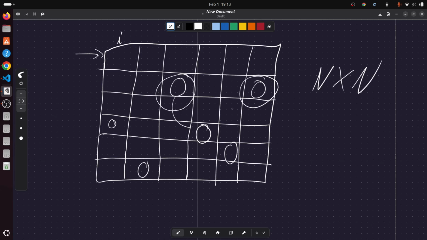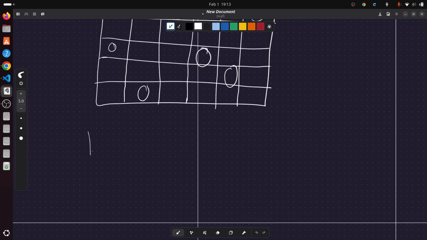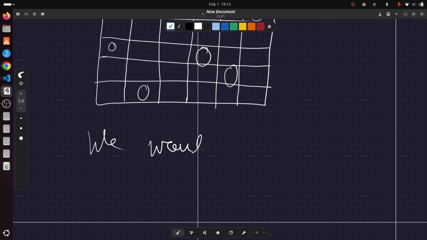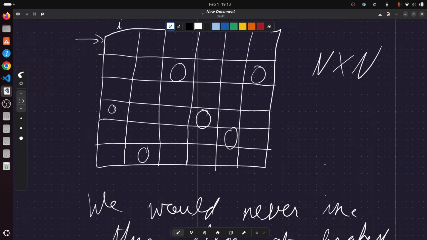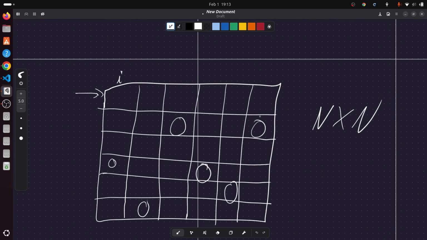So the point is that we would never increment the elements at the highest row. In this case there are two elements at the highest row, so we will not increase them at all. Their positions are fixed, so I am marking them as red. Since their positions are fixed, we will not move them at all.